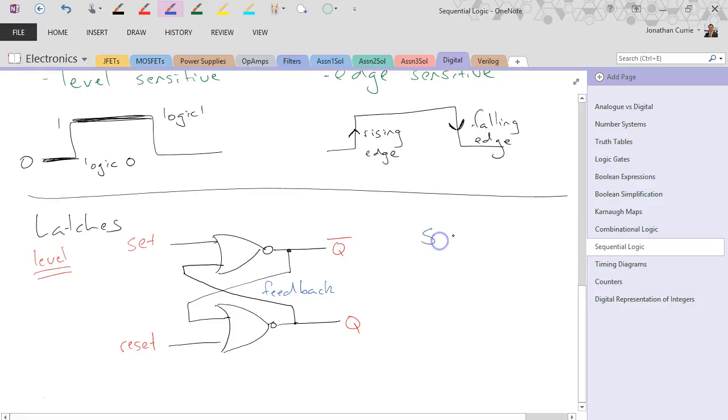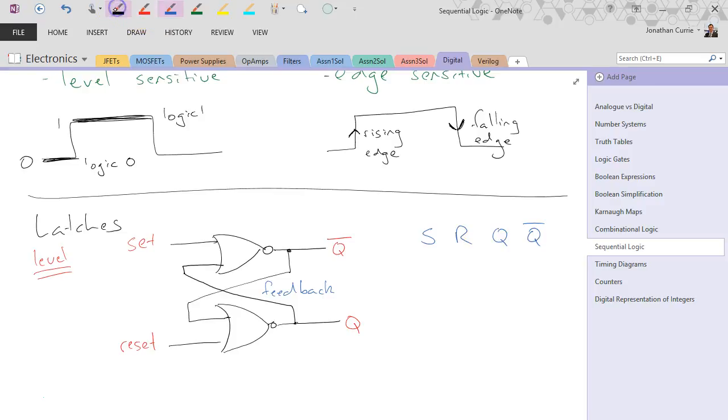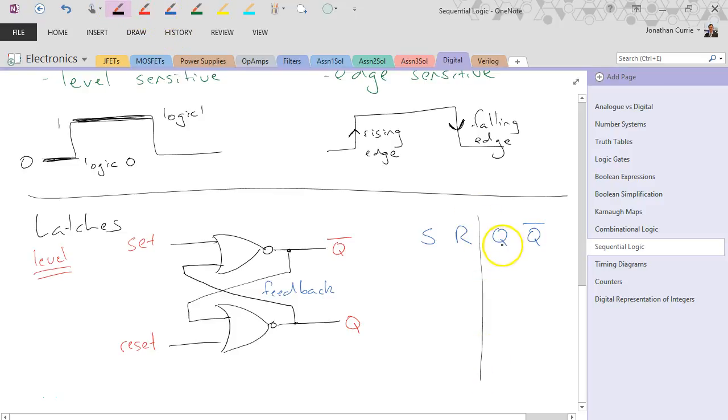The truth table for this: S and R, obviously set and reset, Q and Q bar. Q bar is simply the inversion of Q, so it's often nice and easy if you can work out Q, then invert it to get Q bar. I'll fill these in binary just to make it easy.